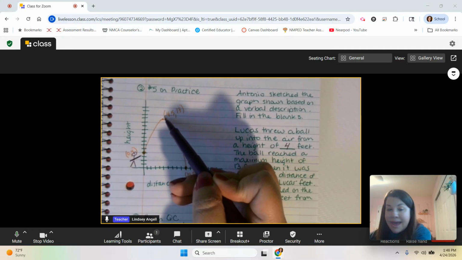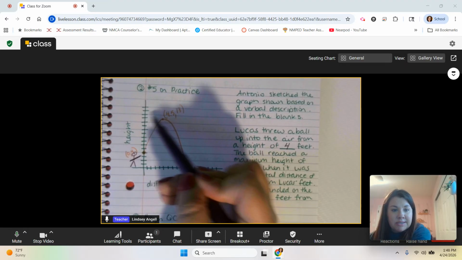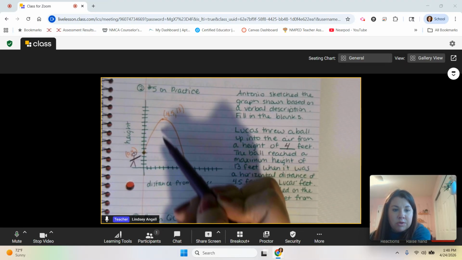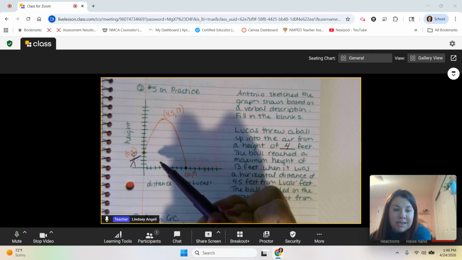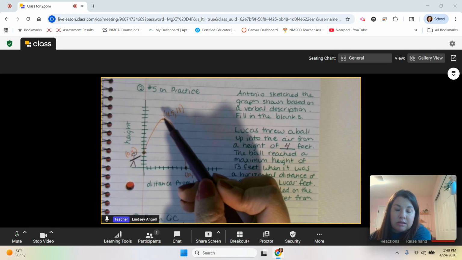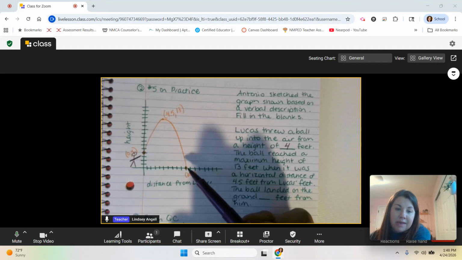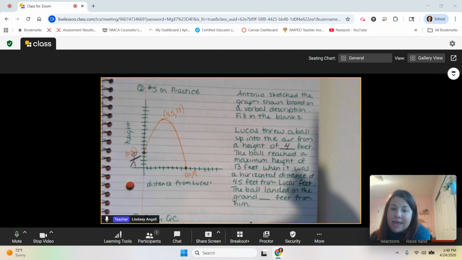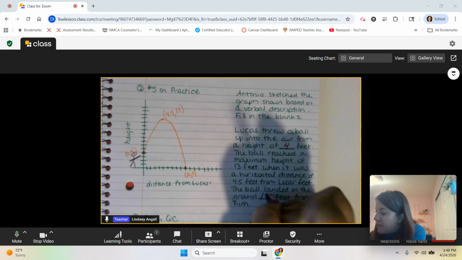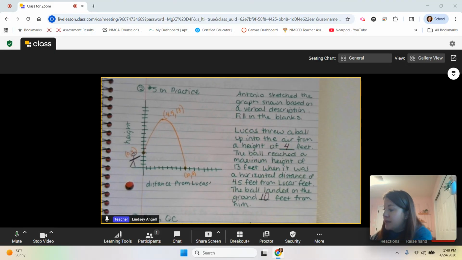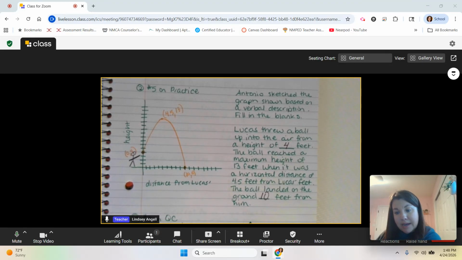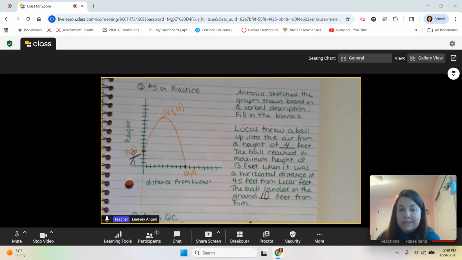It reached its maximum height of 13 feet. This is at 13 feet, which was 4.5 feet away from his body or from his feet. Okay, and then it landed, plop, there. That represents the ground, right? At 10 feet from him. So the first number you need is a 4, the second is a 10. But I thought it was kind of cool because it relates something happening in real life to an actual graph.